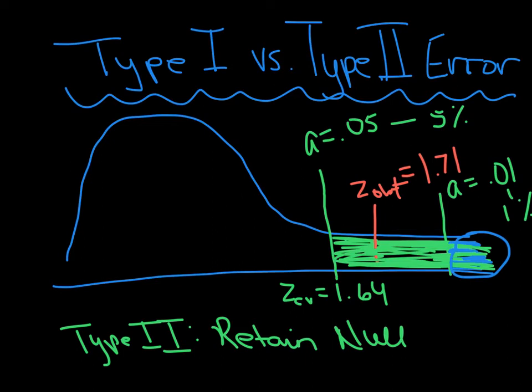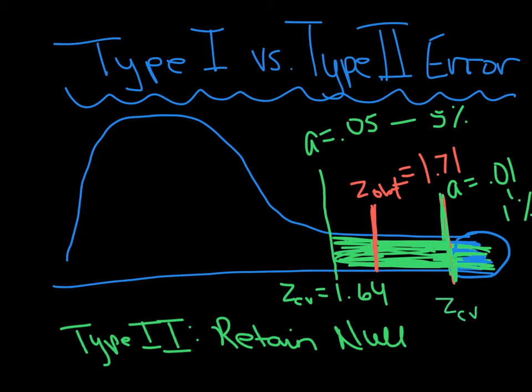So let's say our test statistic fell right here where I said at 1.71. Well, if our alpha level was 0.01, that means we would retain the null. We would not find significance. More than likely because at 0.01, our test statistic didn't reach that far. So it fell before that critical boundary, which is right here. So at 0.01, let's look at what our critical boundary would be.